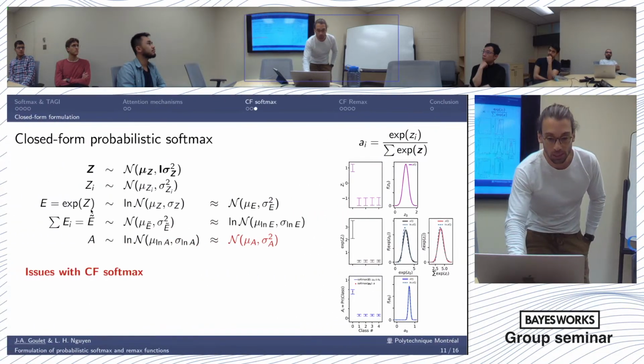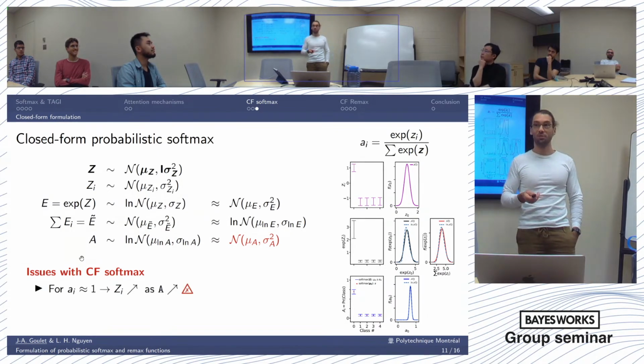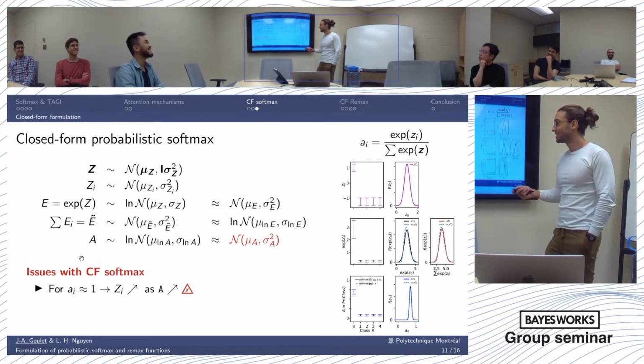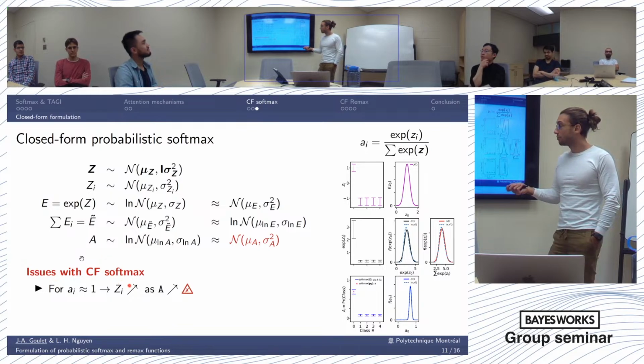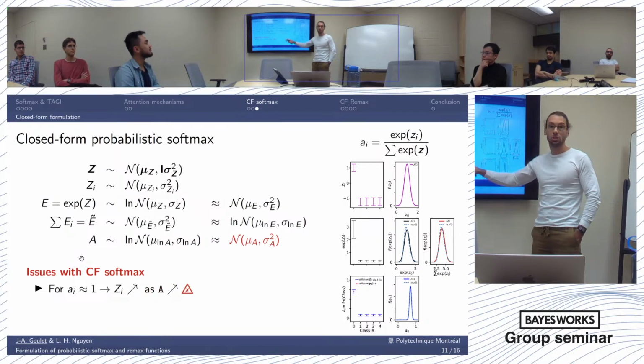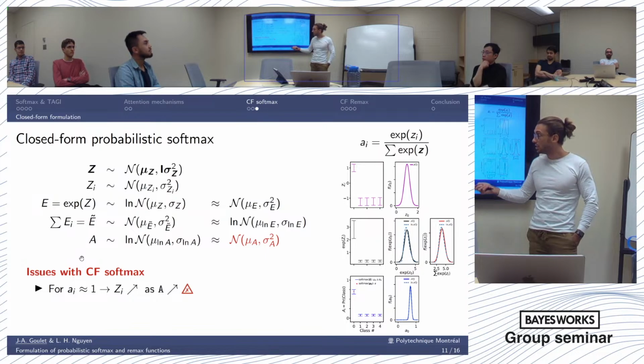So these are the issues with the softmax. Sorry for the spoiler for the ReLU, but we're going to come to it. If we want to have a_i close to 1, so high probability for a_i at pass, then as the number of classes increases, the values of z_i need to increase as well.